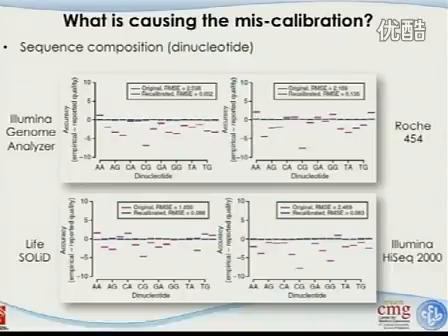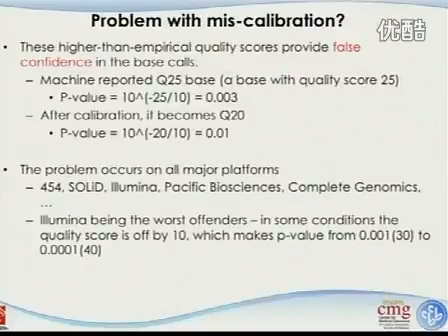So you can see that some of them are in the minus 5, minus 7, minus 8 category, okay? So what that really means is these higher than empirical quality scores really provide false confidence in these spaces. The machine reported Q25, for example, meaning that the base quality score is 25, and the p-value is supposed to be 0.003.